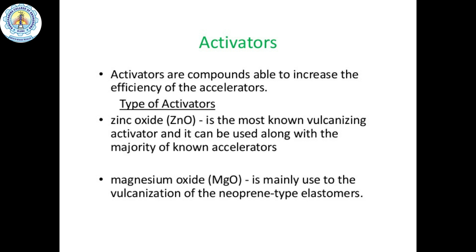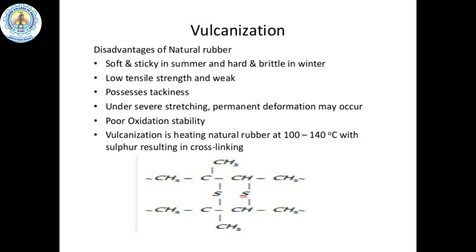Activators are compounds able to increase the efficiency of the accelerators, and there are two types, zinc oxide and magnesium oxide. Zinc oxide is the best known vulcanizing activator and it can be used along with the majority of known accelerators. And magnesium oxide is mainly used for the vulcanization of neoprene type elastomers. And this is about the compounding of natural rubber.